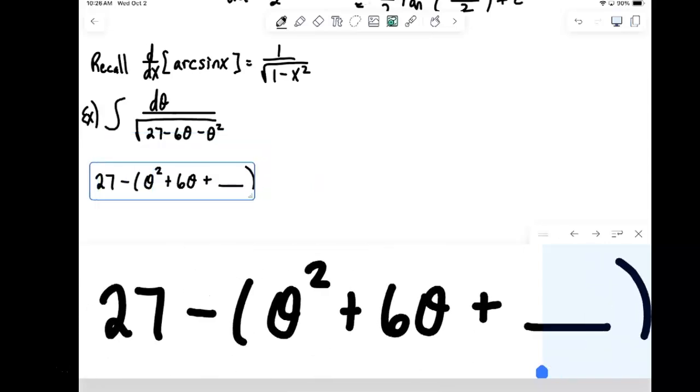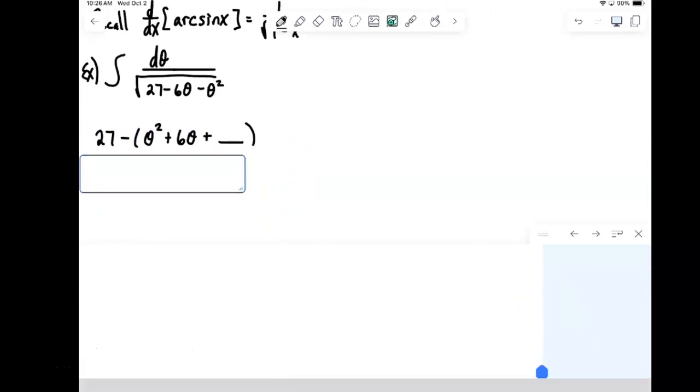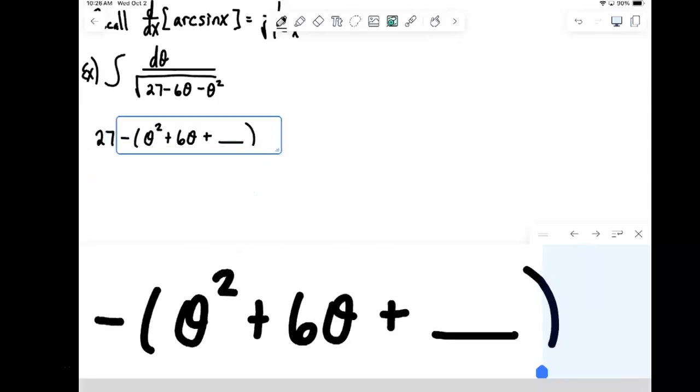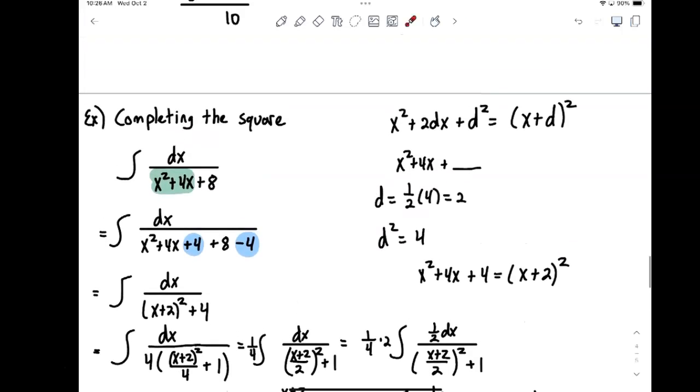The process is always, again, half of that term, because remember the formula for a square is that x plus d squared is x squared plus 2dx plus d squared.